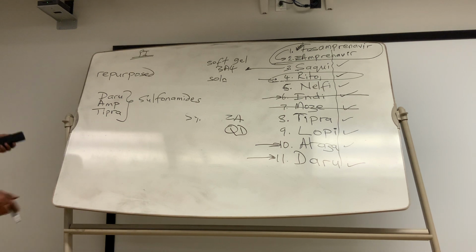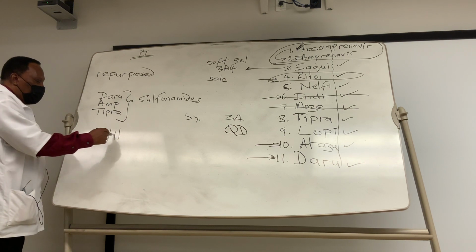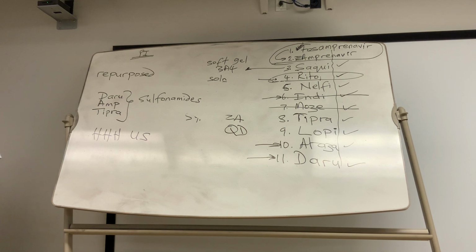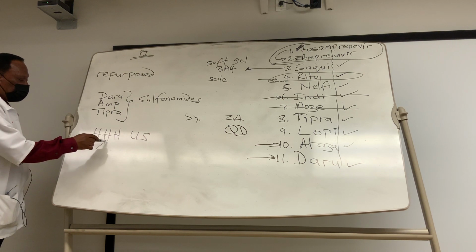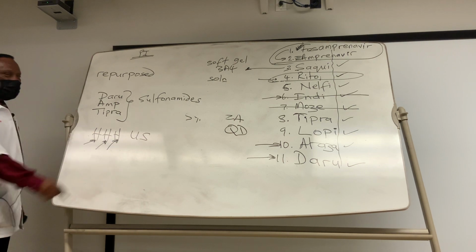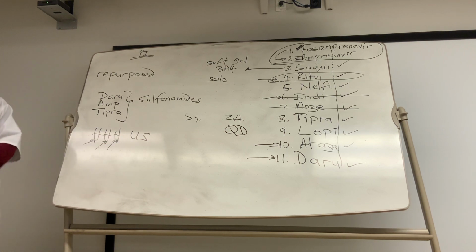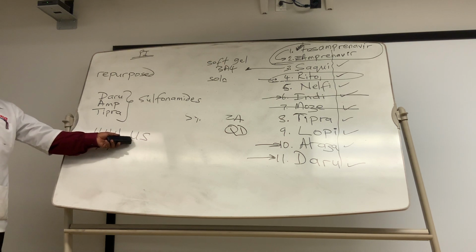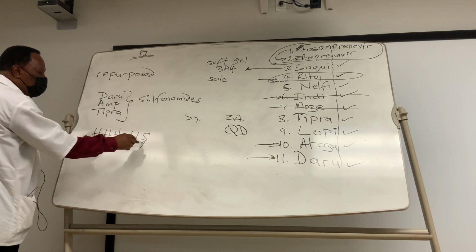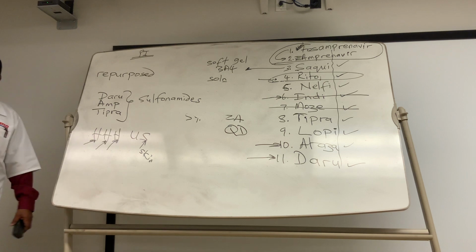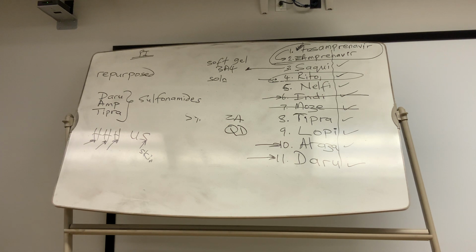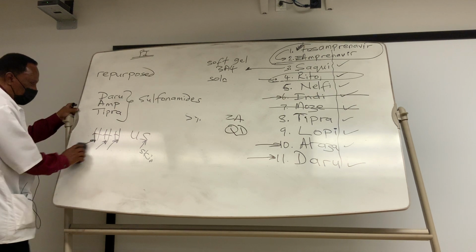Remember, whenever you have a sulfonamide, it will be those 3 H's and R's. Hepatotoxicity, hypersensitivity, and hematologic adverse effects. And then you have the urinary adverse effect, that is crystals, so they must be administered with plenty of water. And then, of course, we have the dermatologic adverse effect. So once you say it's a sulfonamide, you can immediately guess what those adverse effects will be.